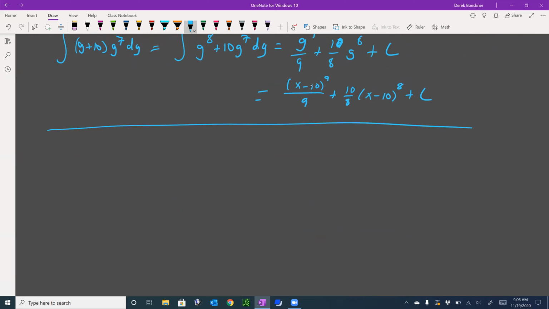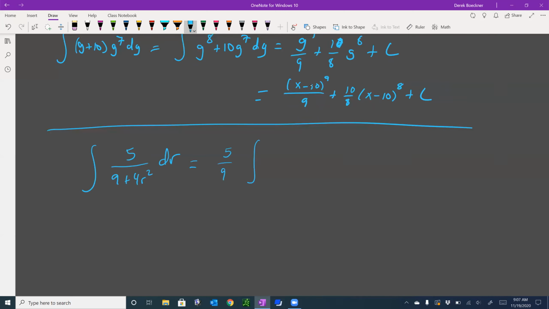Let's try another one. Let's try the integral of 5 over 9 plus 4 r squared dr. Okay, I'm going to pull some constant stuff out just to simplify things a little bit. So I'm going to pull 5/9 out.